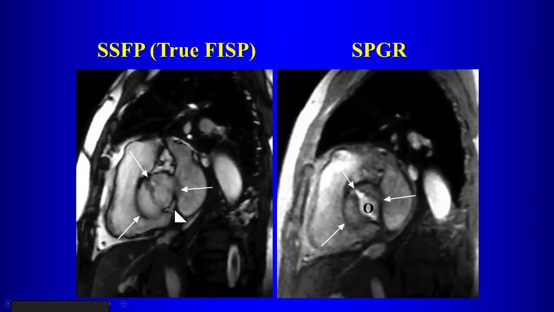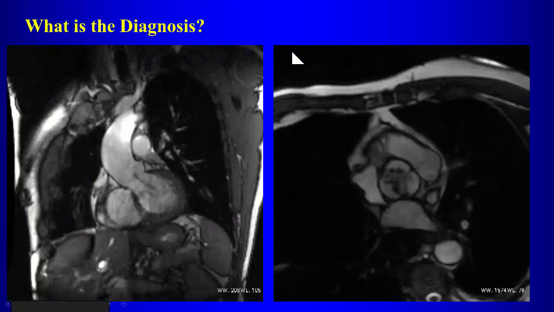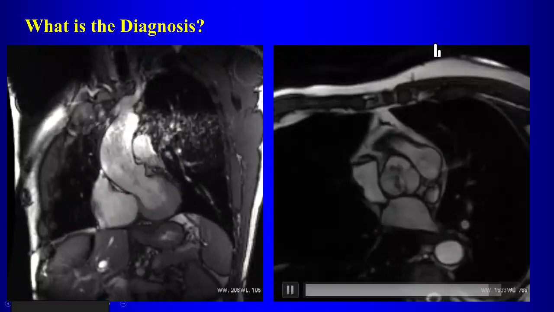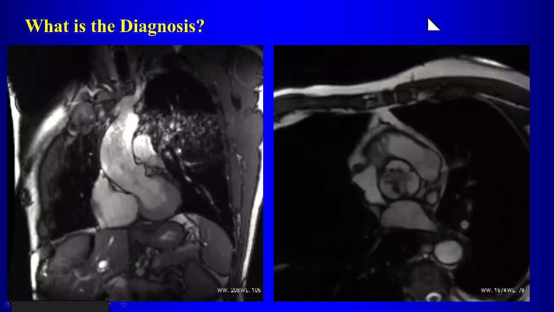More examples. Here's a bicuspid valve. You can see the morphology is a little bit better demonstrated here on the spoiled grass sequence compared to the balanced gradient echo sequence. Okay. What's going on here? What do we got?